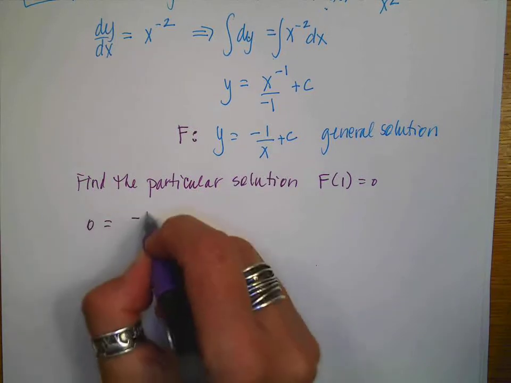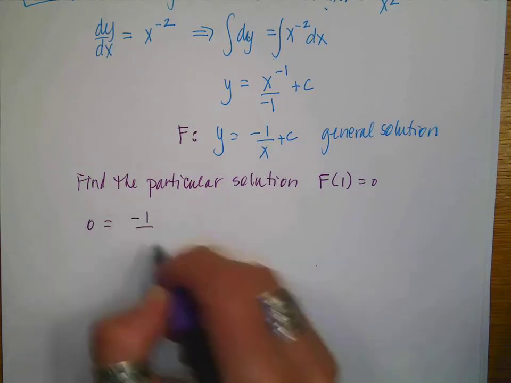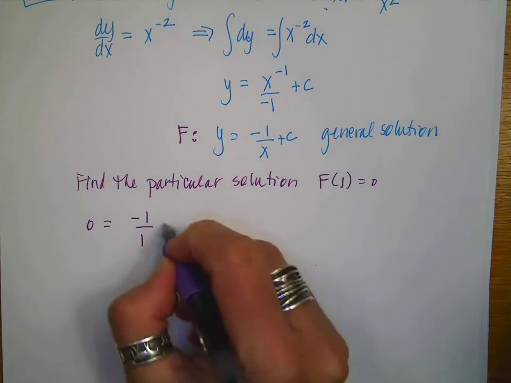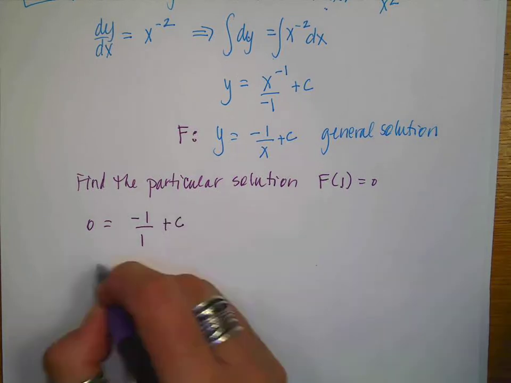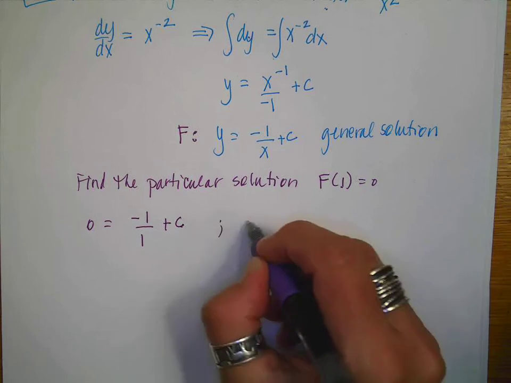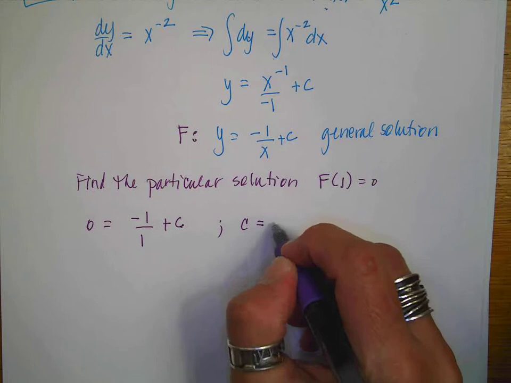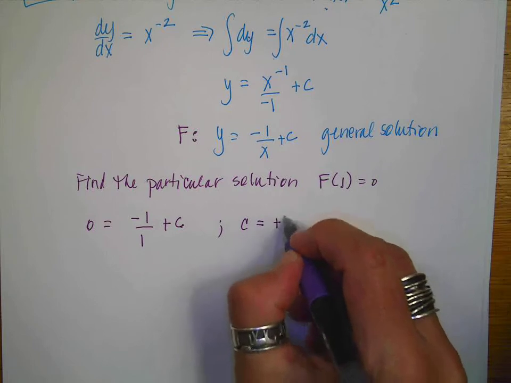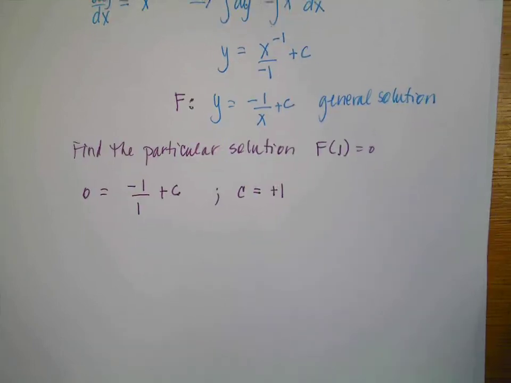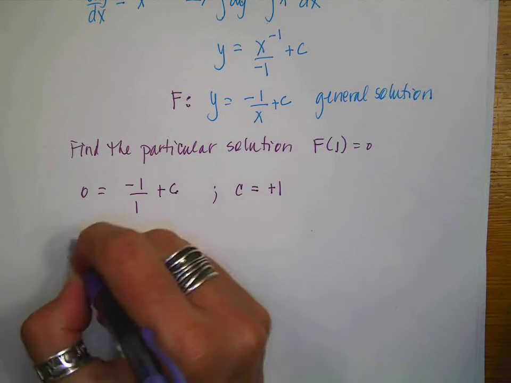And so I would say 0 is equal to negative 1 over 1, because that's my x value, plus c. And so then I would solve for c, and I would get c is equal to negative, positive 1. Bad math, I made a mistake. It's funny when I catch my own mistakes.